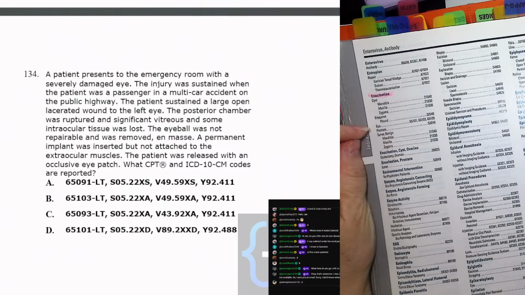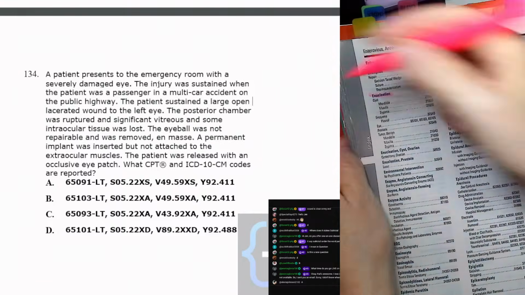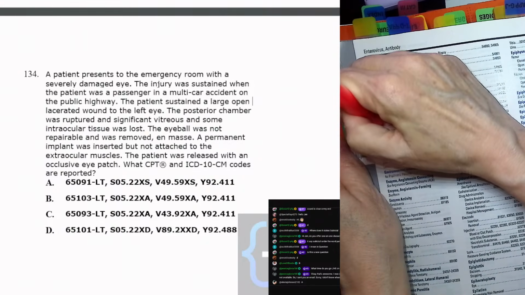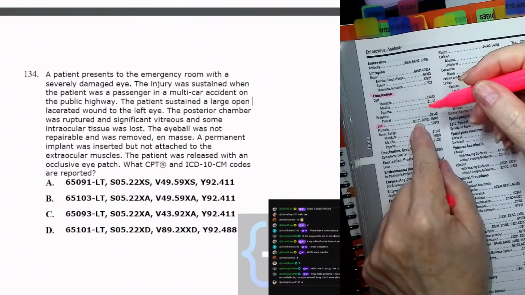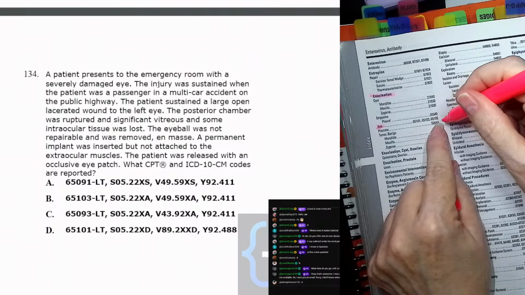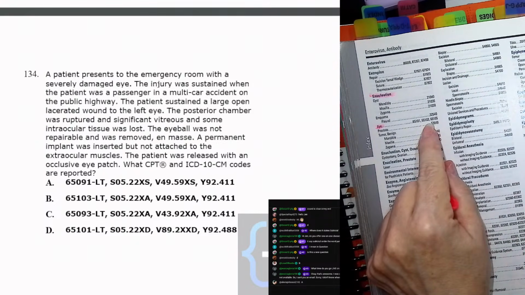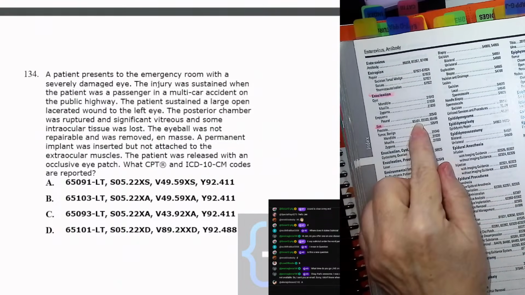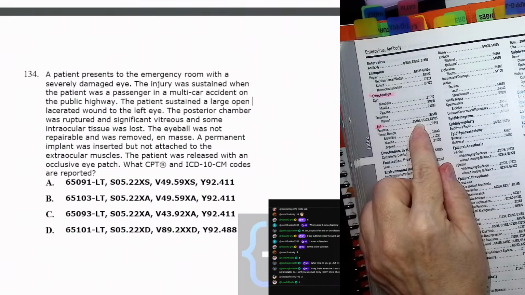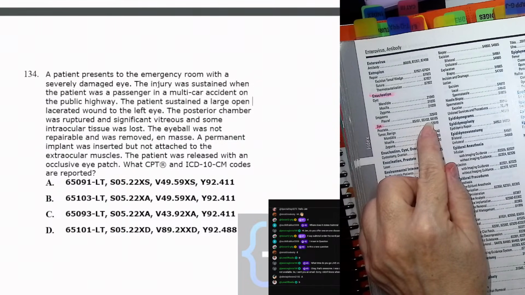Was it the prostate, a tumor? Nope, it was an eye. So when it is an eye, it tells you what codes you can use. There are 3: 65101, 65103, and 65105. And I can look at my available answers, right?